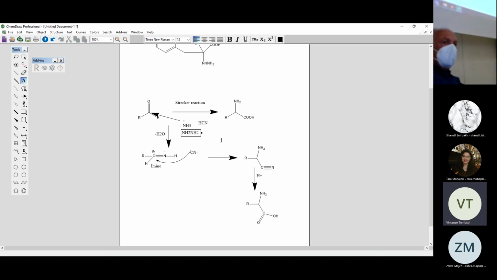It's very basic, can attack the aldehyde, can give a similar Schiff base, and then the Schiff base can be attacked by the cyano ions, cyanhydric ions.